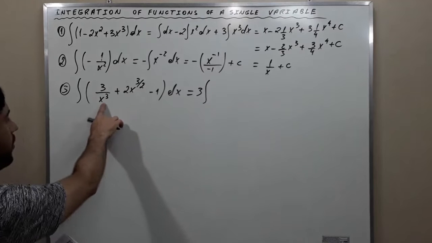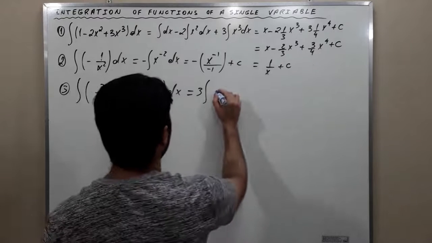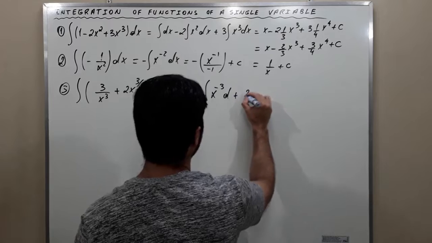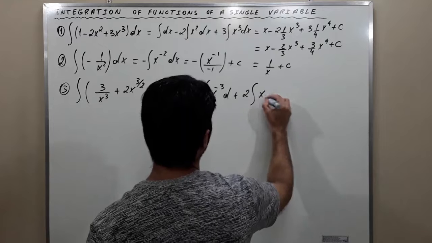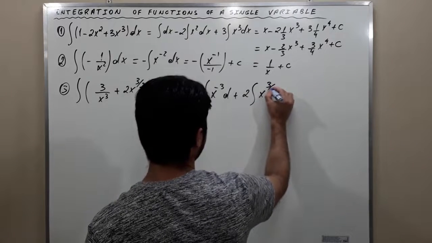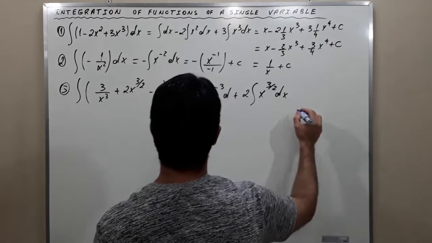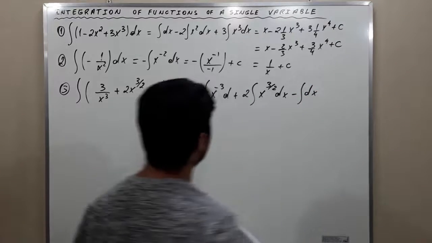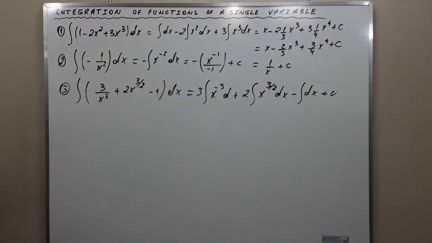We can pass this x cubed to the numerator, and it becomes x to the power of negative 3 dx plus 2 times the integral of x raised to 3 halves dx minus the integral of dx plus a constant. Okay? Do you fully comprehend what I did?